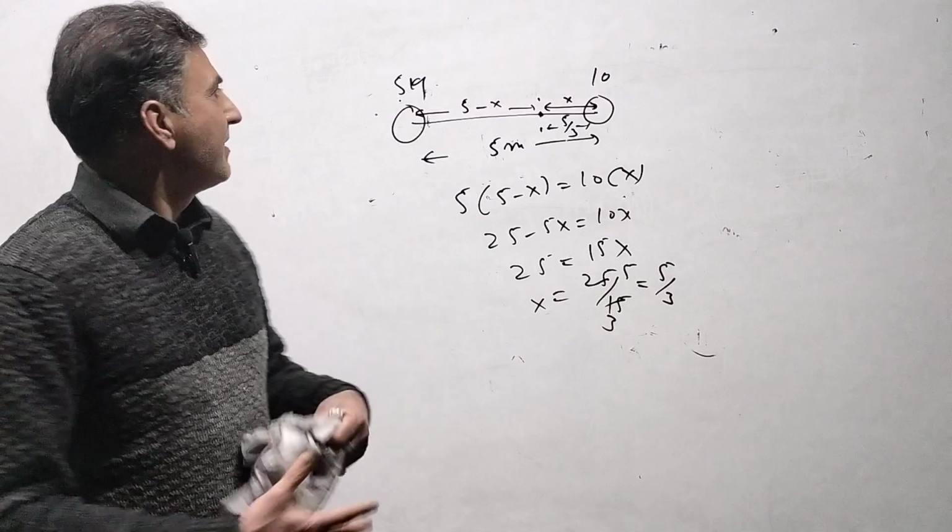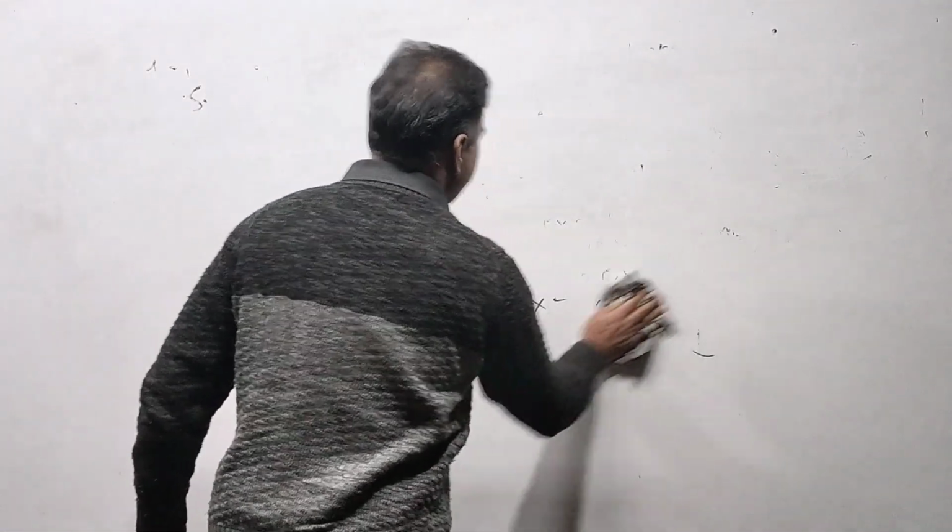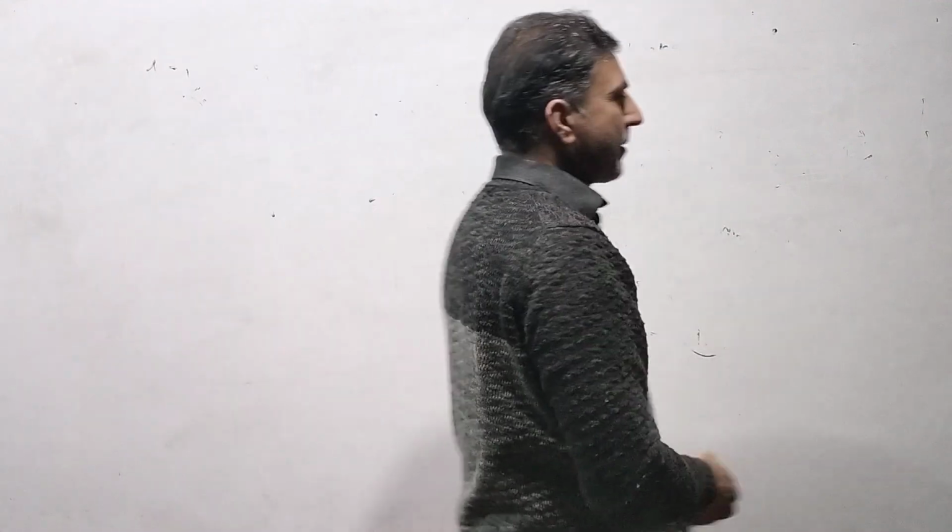More number of bodies. How can we do that? Let us try to understand that. If I ask you what we mean by locating the center of mass of a multi-body system, 2, 4, 7, any number of bodies, the answer is we have to locate its coordinates.